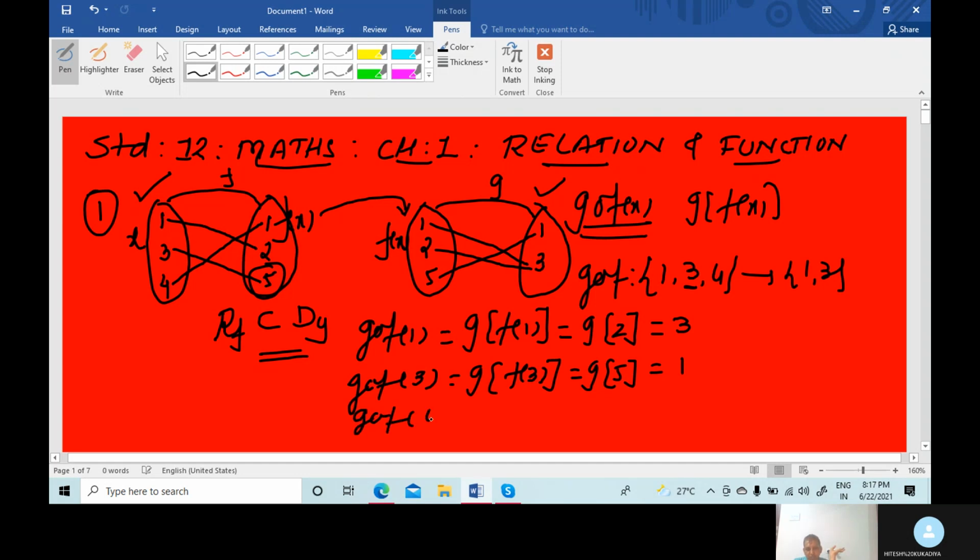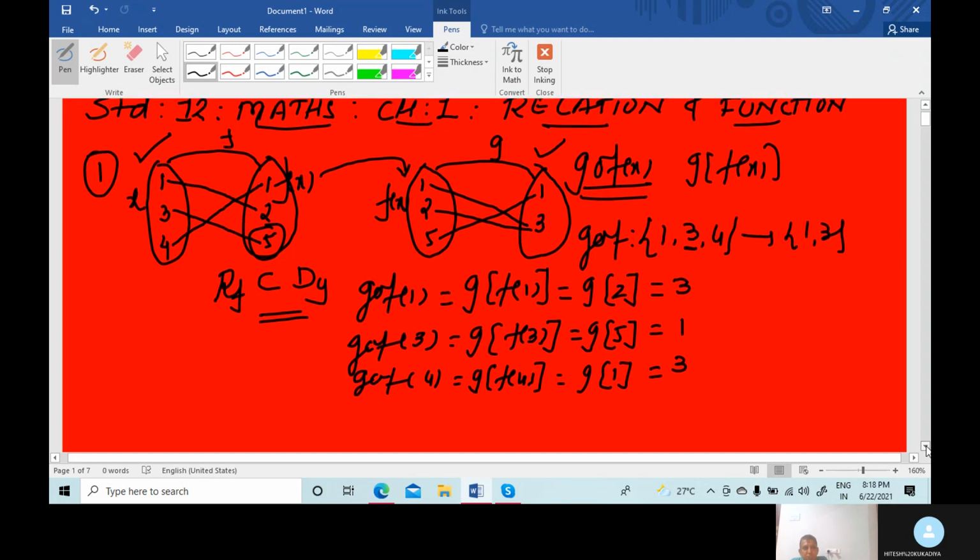Now (g∘f)(4) is g of f(4). f(4) is 1 and g(1) is again 3. Is that clear, student? So in this question we have completed g∘f.